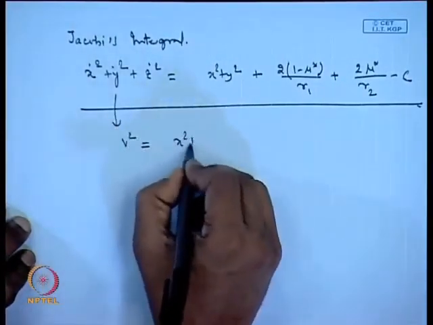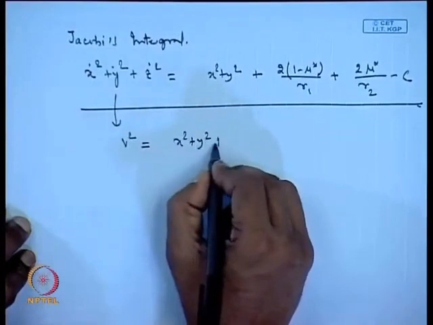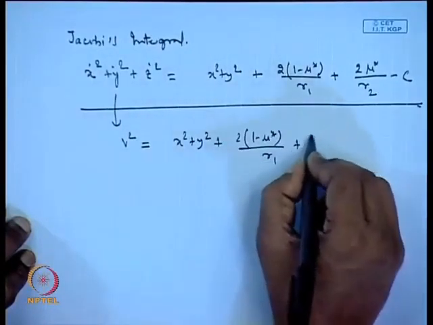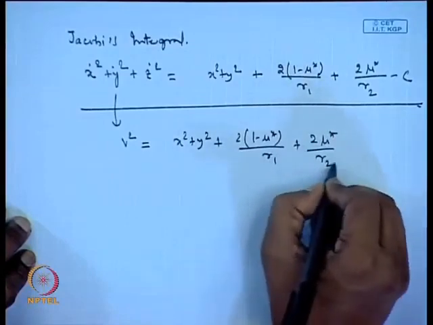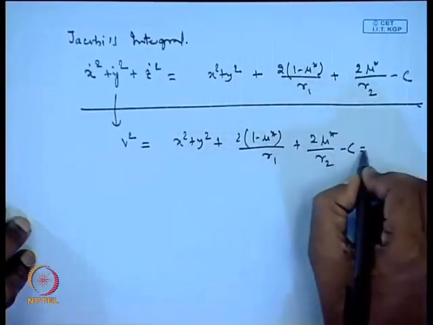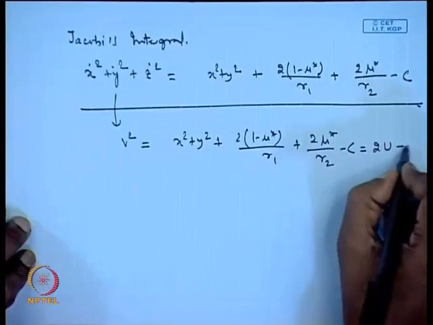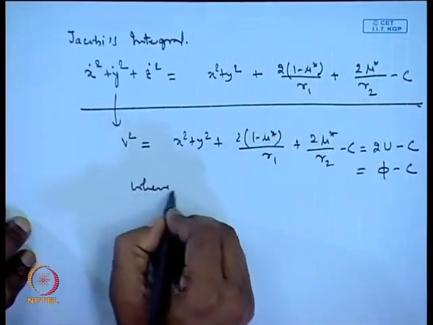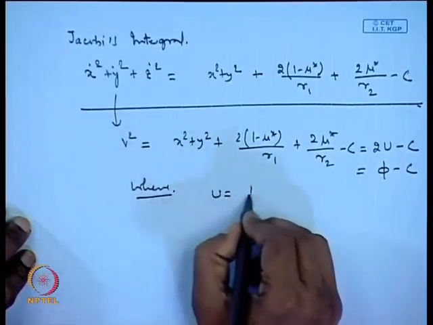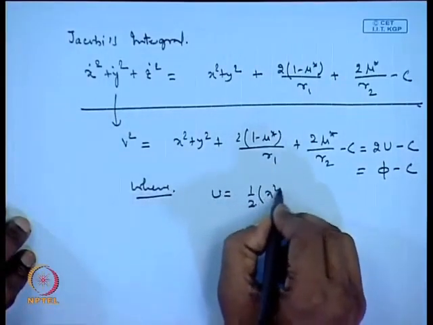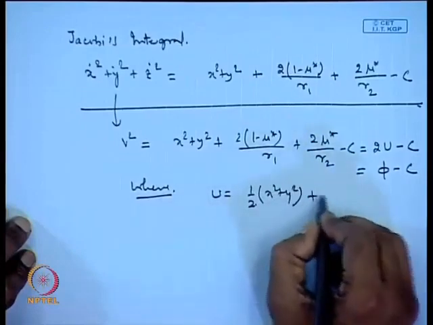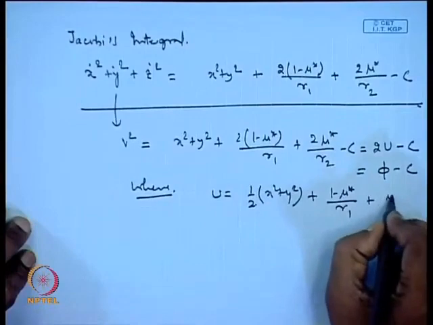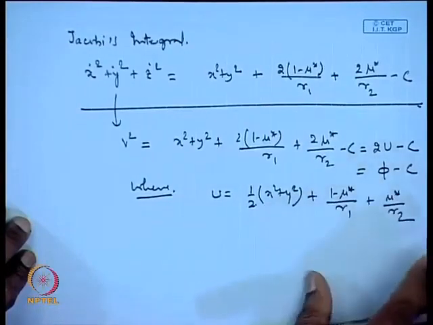So, the same thing we wrote as v square equals x square plus y square plus 2 (1 minus mu star) by r 1 plus mu star by r 2 minus C, and this can be written as 2 U minus C, where U is equal to 1 by 2 times x square plus y square plus (1 minus mu star) by r 1 plus mu star by r 2.